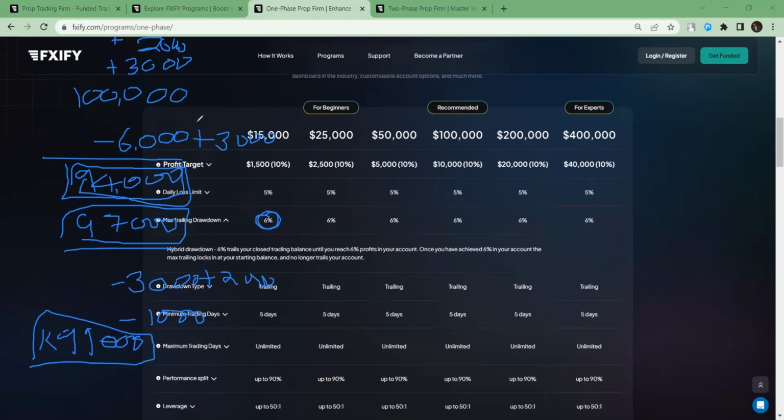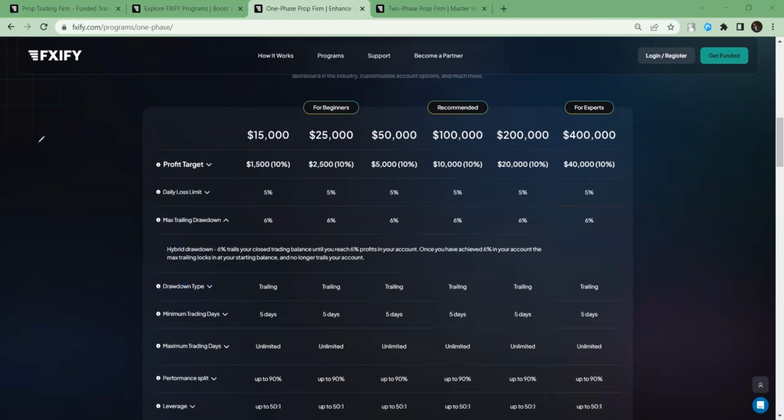Now, let's say on the same 100K US dollars account, you have made plus 6,000, which is 106,000.